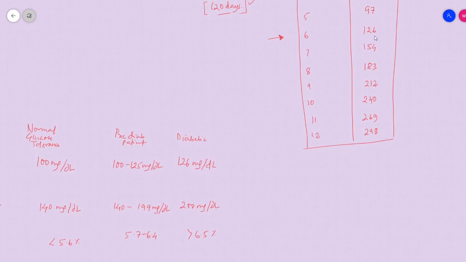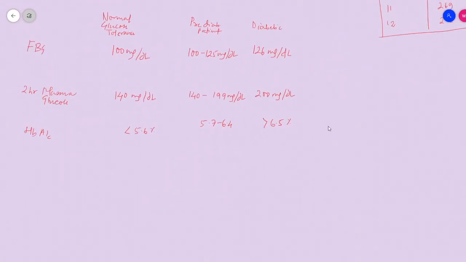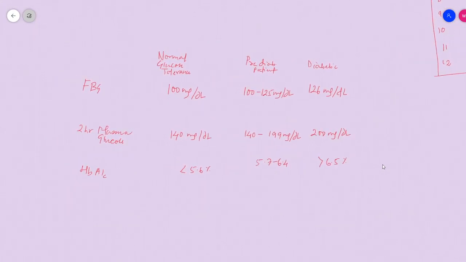It is greater than 126 milligram per deciliter, right? So that correlates with what we have written here. So it's based on this test that we could say whether the patient is diabetic or not.